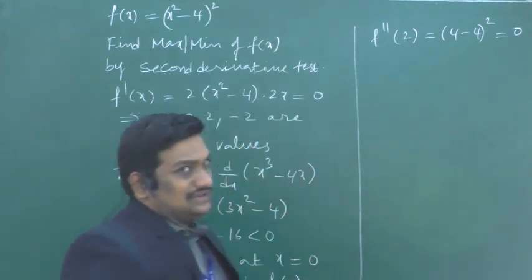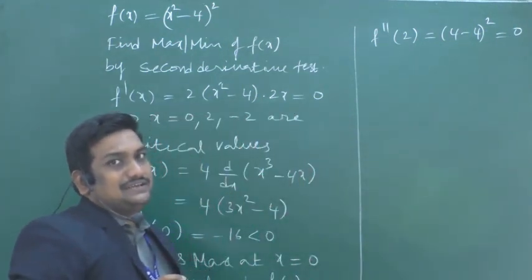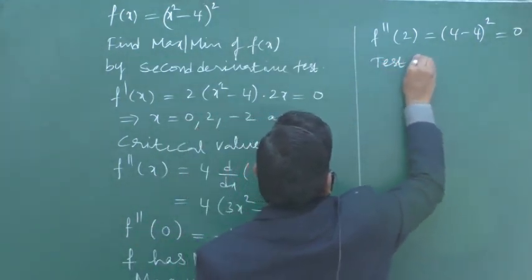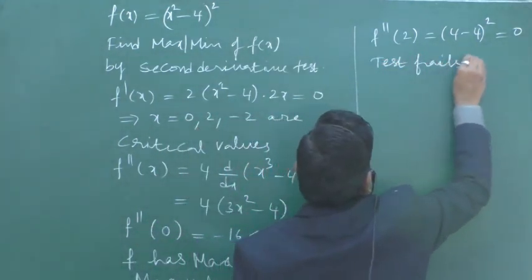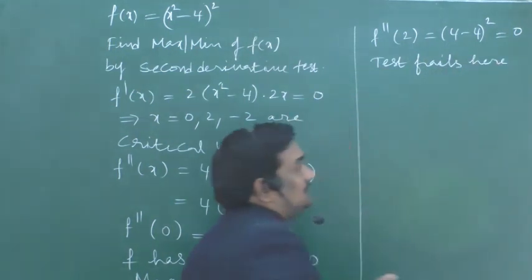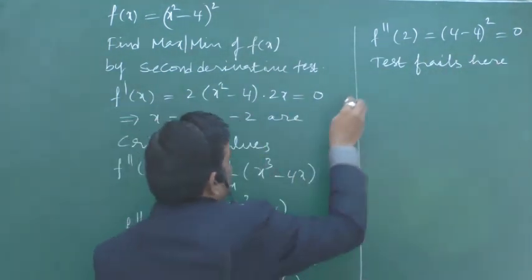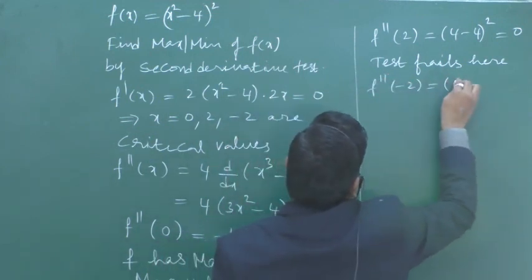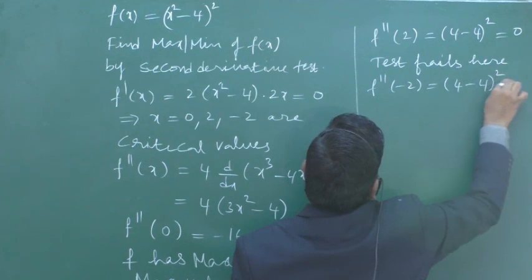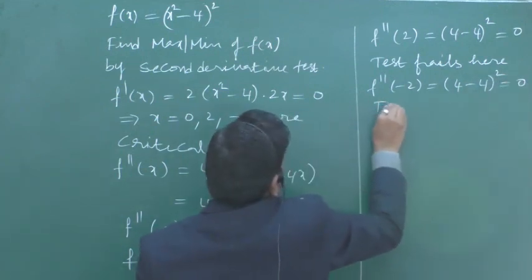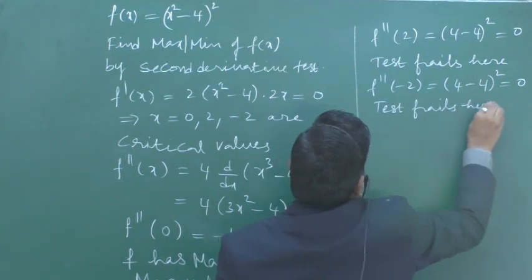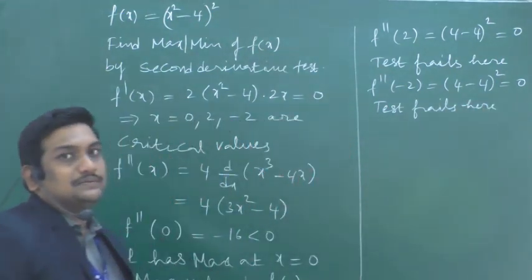Since the second derivative value is 0, the test fails here. Also at x equals minus 2, the function value is 0, the second derivative value is 0. Here also the test fails to determine whether the maximum or minimum exists or not.